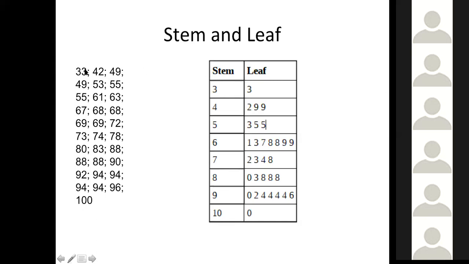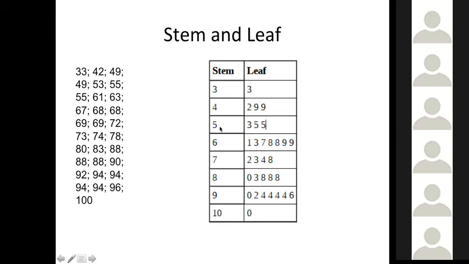So we have 33, so 3 and 3 means 33. You have 4 and then 49, 49, and then you have another 40 here, 42. So, okay, you have 42, and then 49. So you have 3, 40, 42, 49, 49.